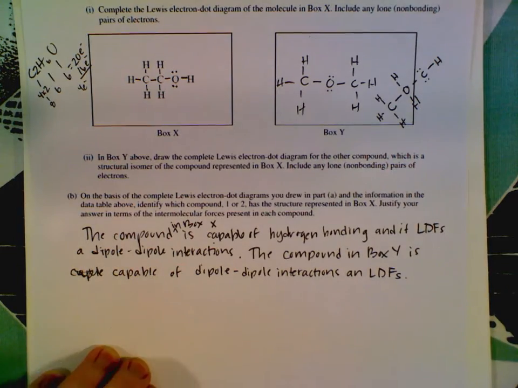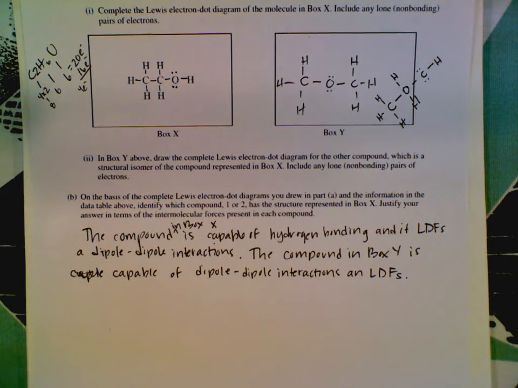Okay, so I've met the criteria about talking about both of them. They're going to look for that to give you 1 point. The next thing you need to do is actually answer the question.